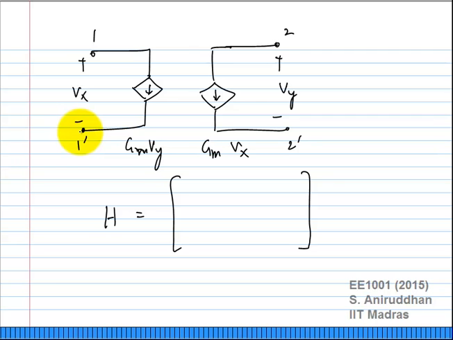Oh, sorry, you're right. You can't open circuit either of the two ports, right? So it has to be the Y parameters.